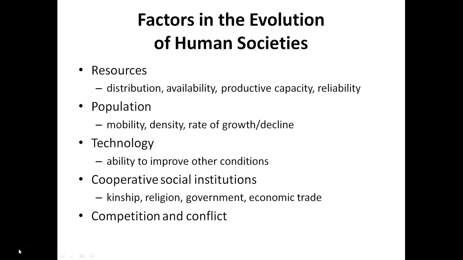How is religion used to integrate different kin groups? How does government build upon these in order to bring together a community? And how does economic trade bring different regions together? As much as there is cooperation, there is also competition and conflict. And how does competition for resources and conflict over them influence the evolution of human societies?